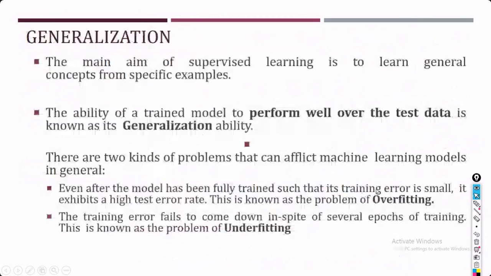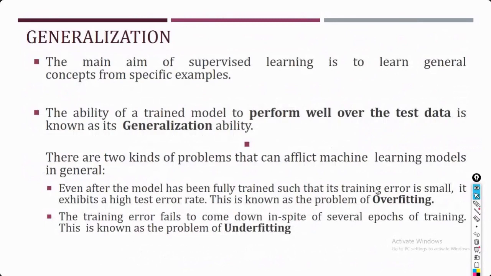Next, I'm going to quickly cover this generalization capability. We will cover generalization in more detail when we have model evaluation. For now I'm just going to give you an overview of what generalization means.